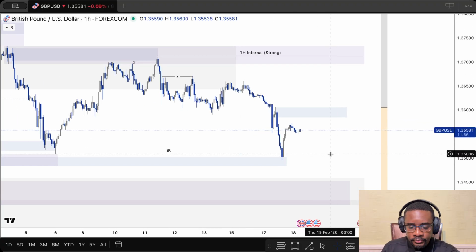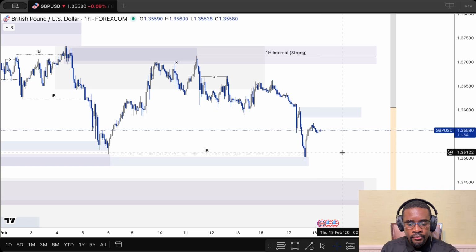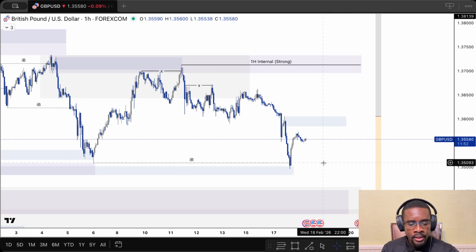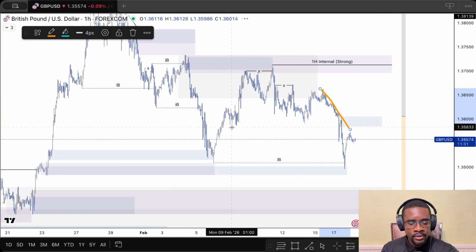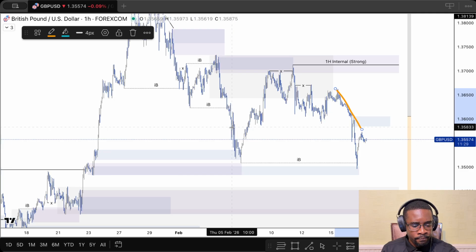Okay, so in terms of the pound, it looks like we are looking for shorts. Although it is likely that these areas could fail, okay, because the price action is very weak, is very poor. Okay, now in terms of resting liquidity, we don't have any clear resting liquidity on the pound, like at the top.